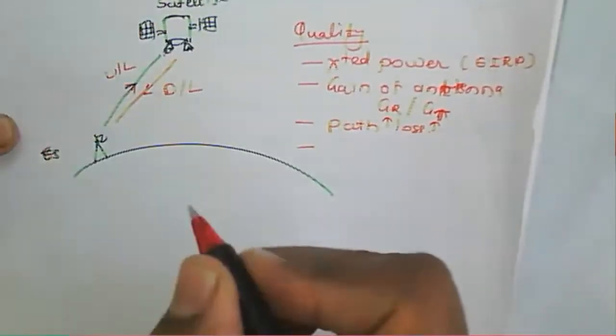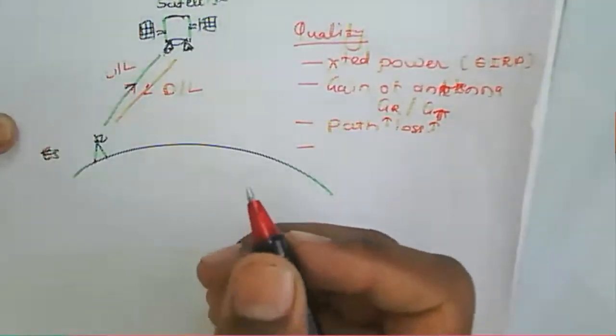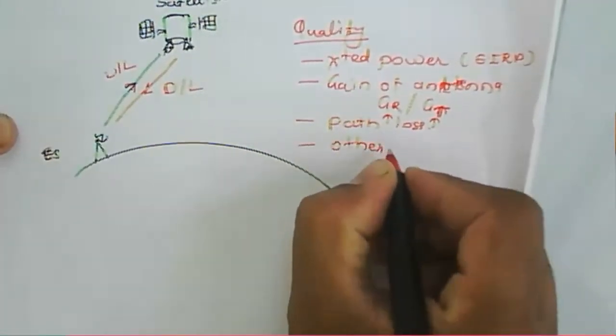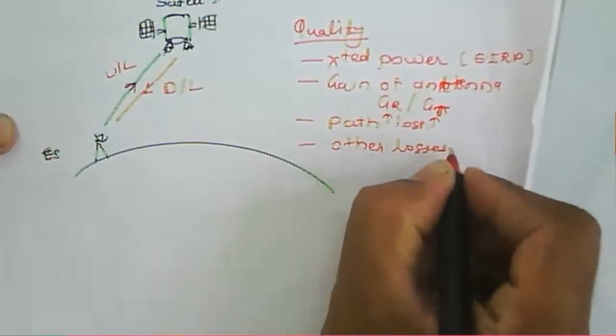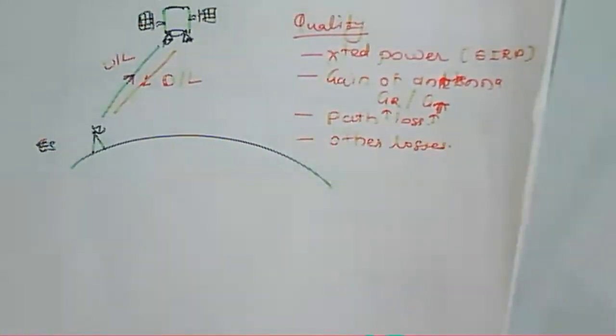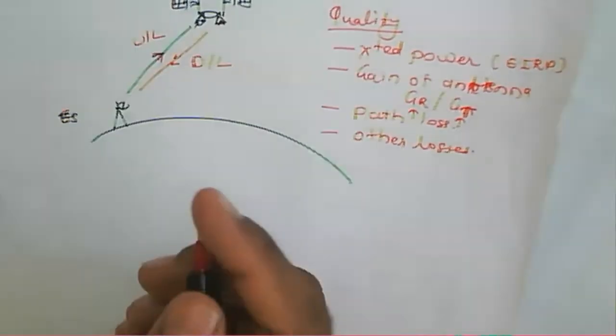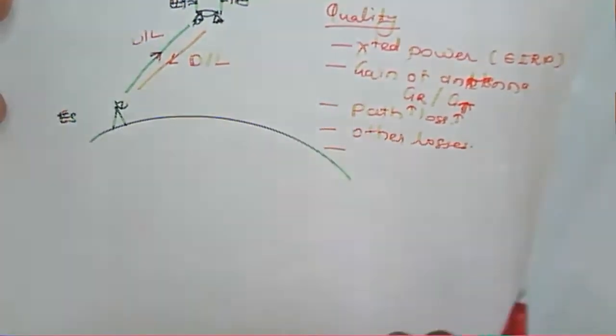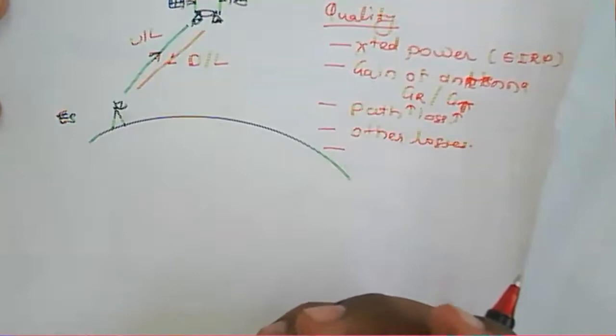We need to know what will be the loss by those molecules. And again there are other losses, such as noise at a receiver, or loss at a transmitter and a receiver. For a given particular system, we need to know what the loss will be.